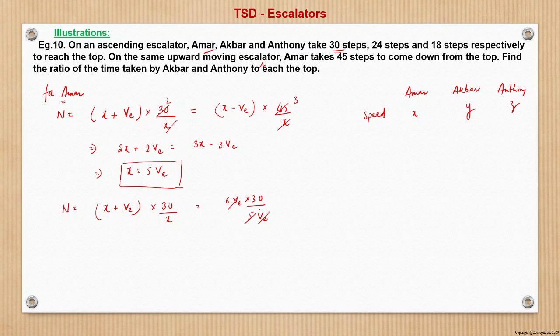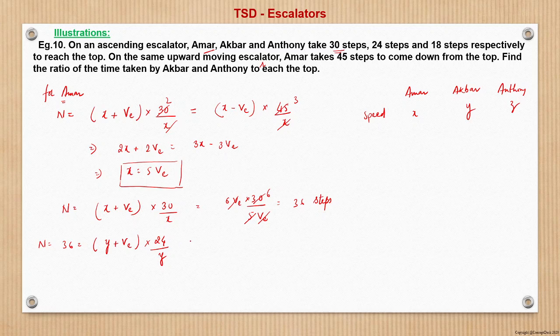It cancels out, so that is 36 steps. So we know that N is equal to 36. Now for Akbar, the effective speed will be y plus VE, into 24 upon y, since Akbar takes 24 steps.